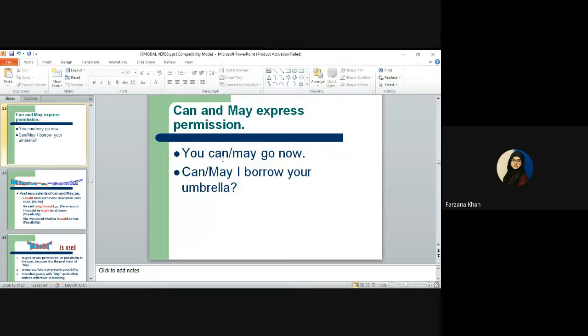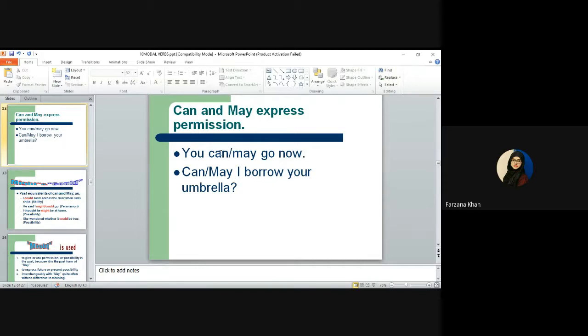But when you are saying you may go now, you are giving permission in a proper formal way, right? The meanings of both sentences are the same, but the difference is of formal setting and informal setting.